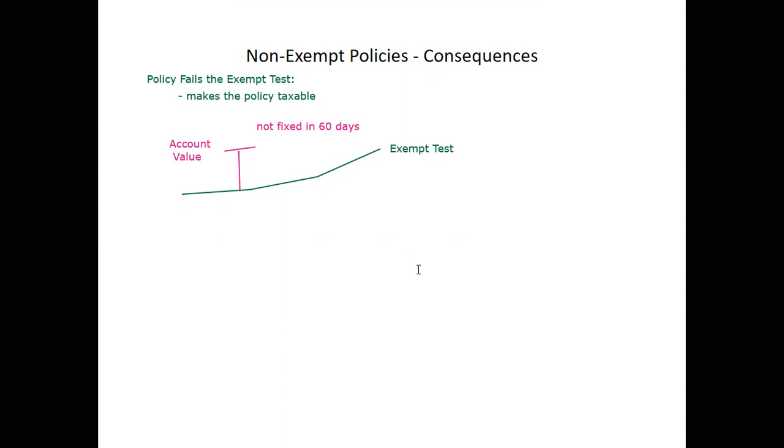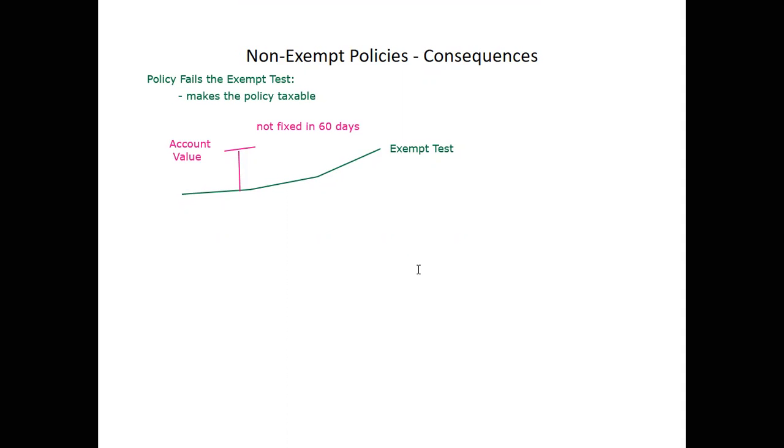So the exempt test then, for whatever reason, we don't fix it because maybe the agent was careless in filling out the app, or maybe because we chose the side fund or shuttle fund option deliberately, and then the client didn't respond, or whatever the case is.